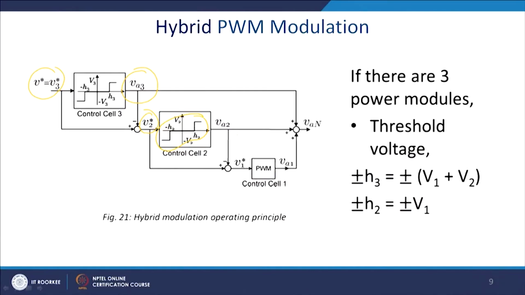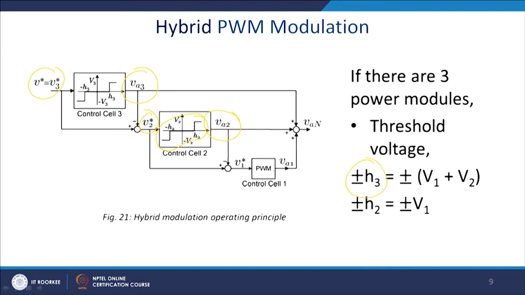Same way it will generate VA2, and again you will have this control cell, and ultimately you will get this VA1, and VAN will be the summation of all the 3 voltages VA3, VA2 and VA1. If there are 3 power modules, this is the logic.